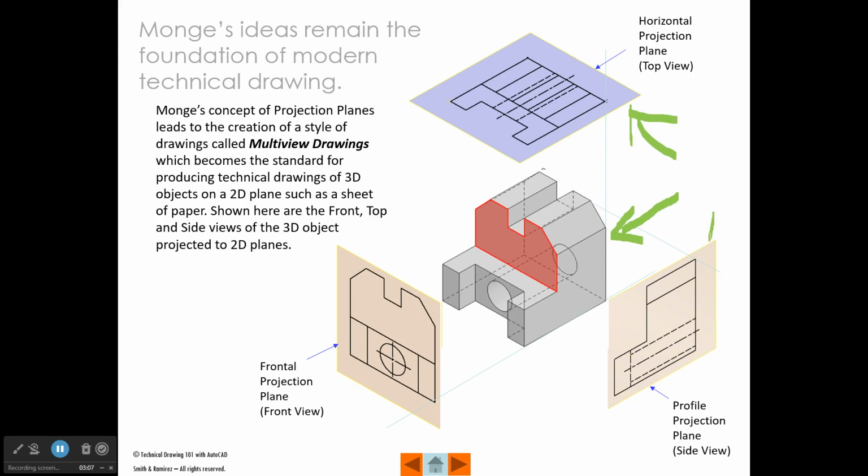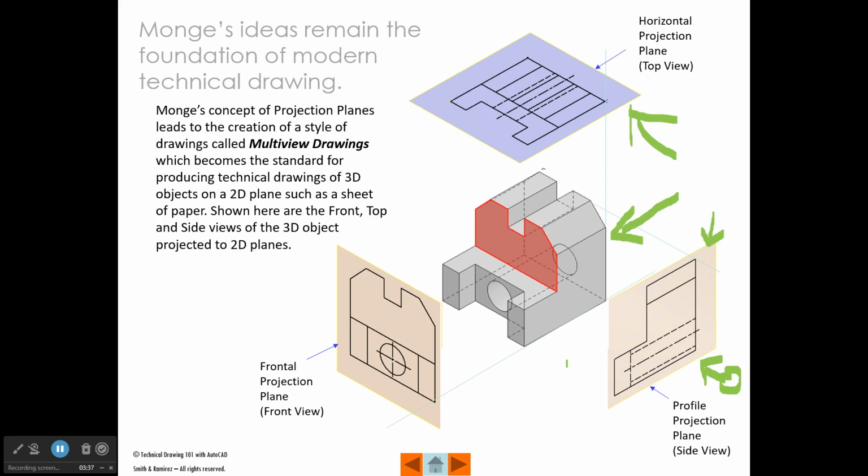We place another projection plane to the side of this object, and remember, we're standing on this side looking in the direction of the object, and we project the features of the object onto the projection plane. So in this case, we have what's called a profile projection plane, which gives us a side view. So we have a front, a top, and a side view, and this really becomes the foundation for what we call multi-view drawing.